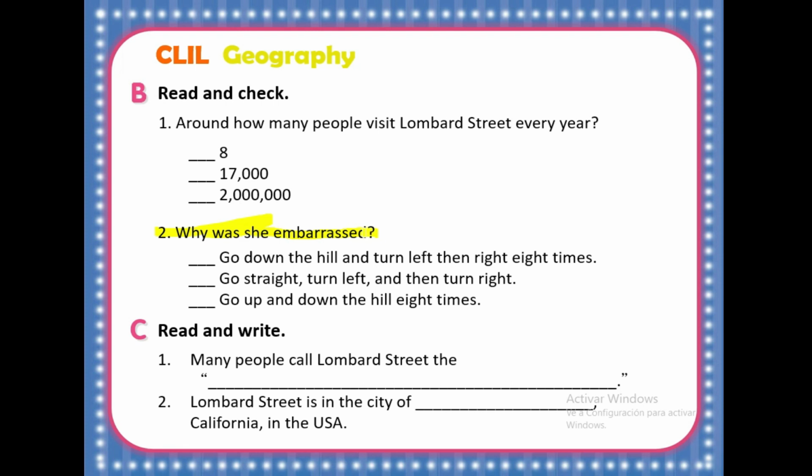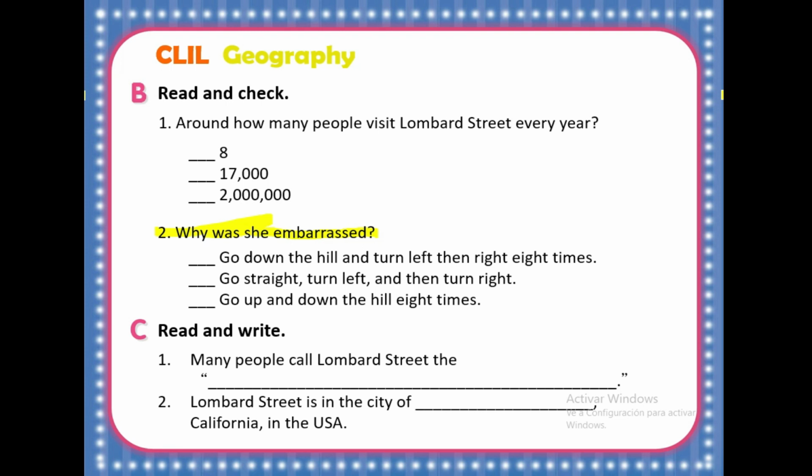Entonces quiero que se guíen de su libro. Yo también tengo aquí mi libro. How do you get to the bottom of Lombard Street? Entonces, chicos, por favor, van marcando ahí la opción correcta. La número 2, acá en pantalla la tengo incorrecta. Esta es de otro ejercicio, disculpen.